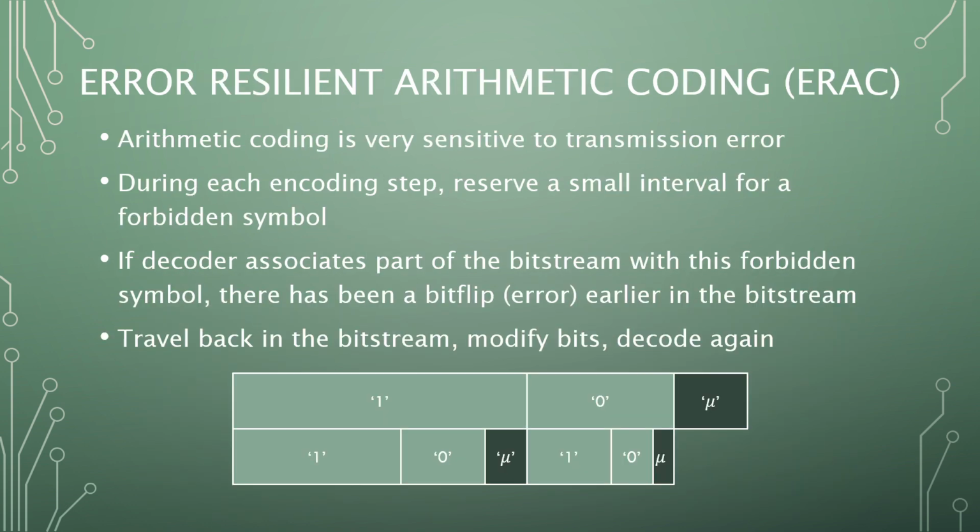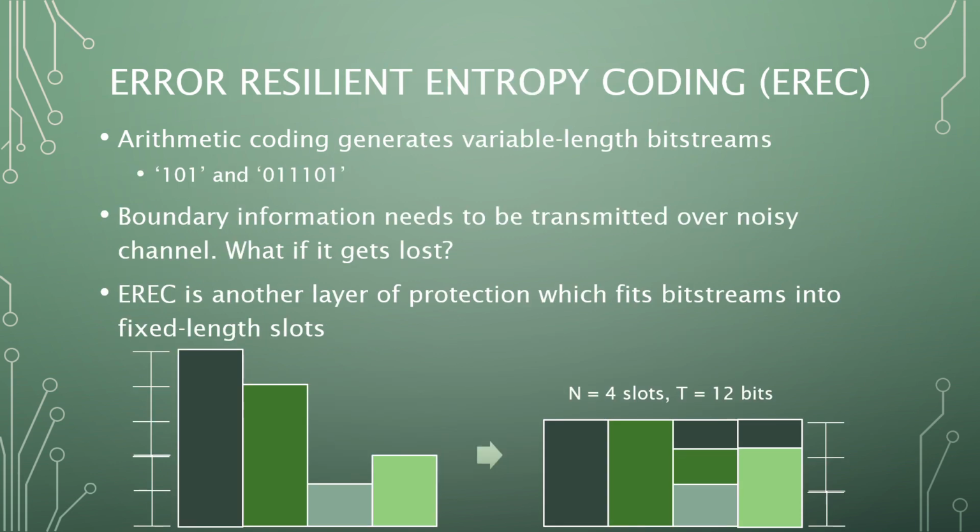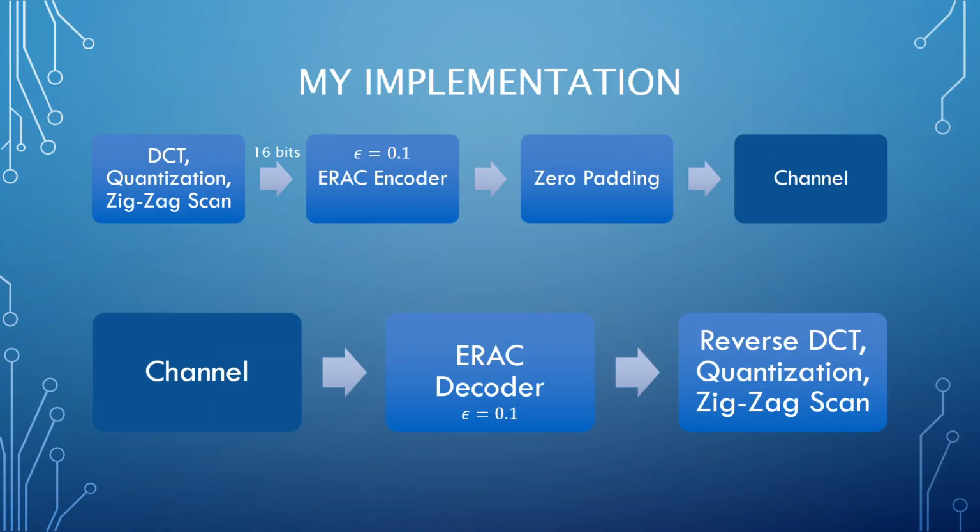The ERAC is taken over each 8x8 block. Then the EREC sorts each of those variable length bit streams that comes from the 8x8 blocks, and so on and so forth. I just wanted to make sure to clarify that.